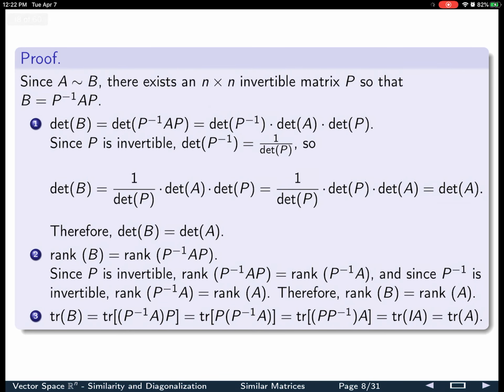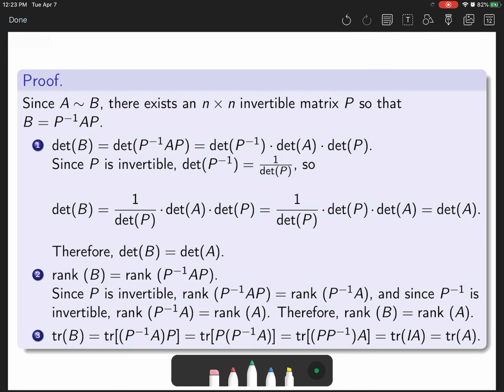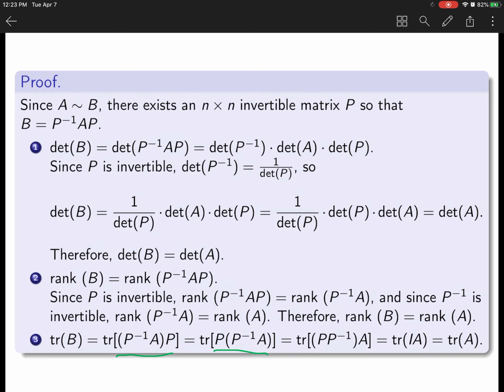Number 3 is the trace part. And we do use the trace of AB equaling the trace of BA thing here in that bottom line. But yeah, their traces are equal. Cool. Moving on.